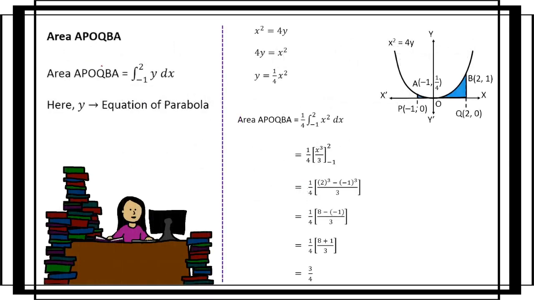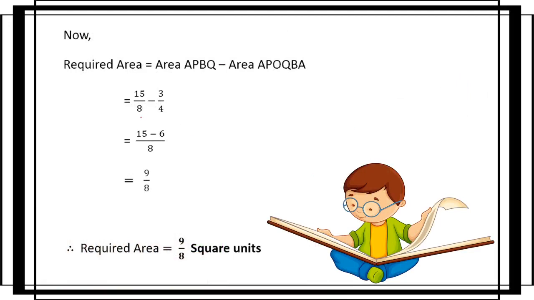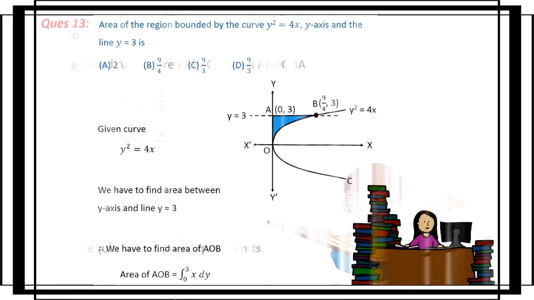After that, come to this shaded region now, because we have to subtract this as well. So for APOQBA the limits are the same, minus 1 to 2, y dx, but now what is y? Y is the equation of the parabola here, right? So take the value of y from here. Y is 1 by 4 x square. Put it here, integrate and get the value, which is 3 by 4, and now subtract this 3 by 4 from 15 by 8 to get the required area.